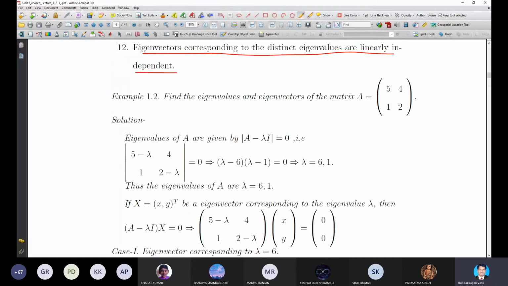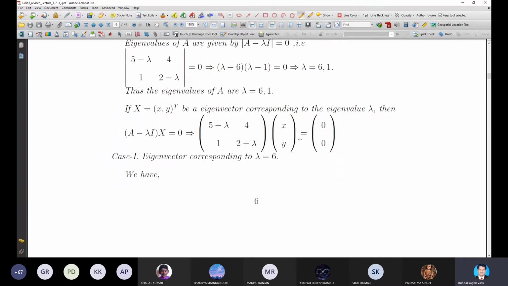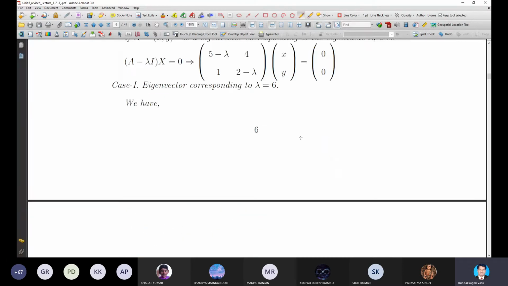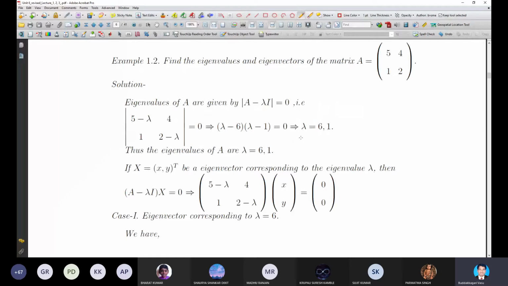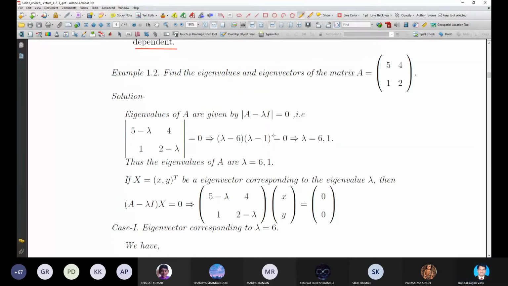I would like to take a problem first to explain, and I will solve it. Here I would like to give you a simple explanation of how to find the eigenvalues and eigenvectors of a given square matrix. Suppose A is given as 5, 4, 1, 2.